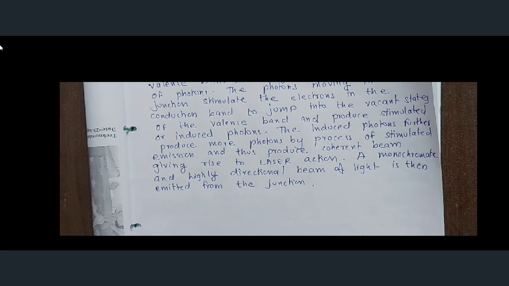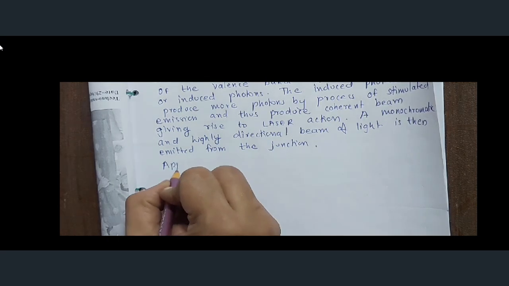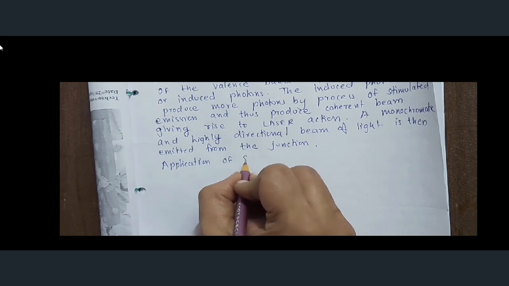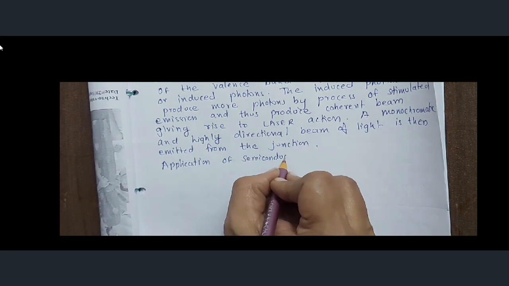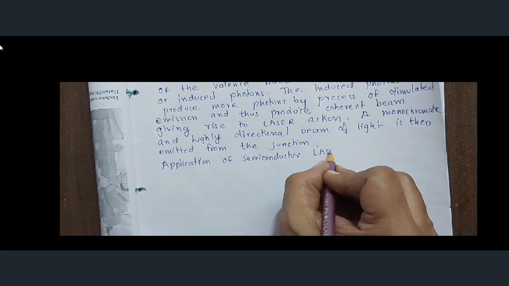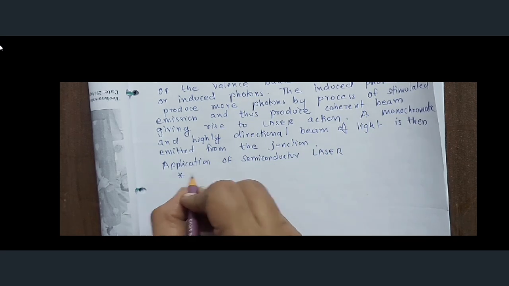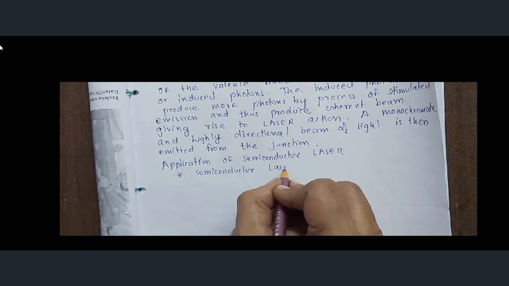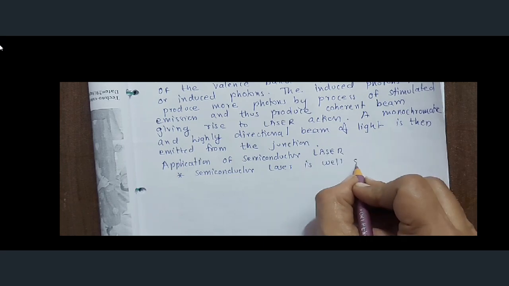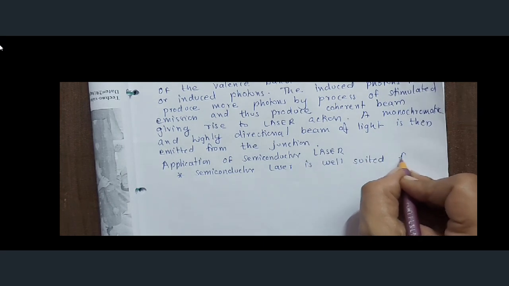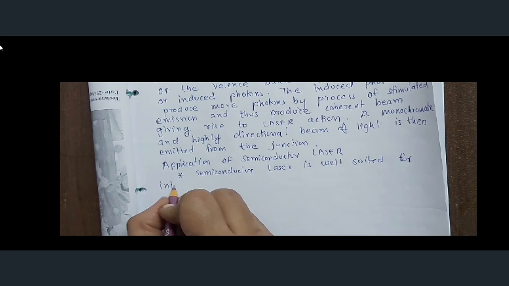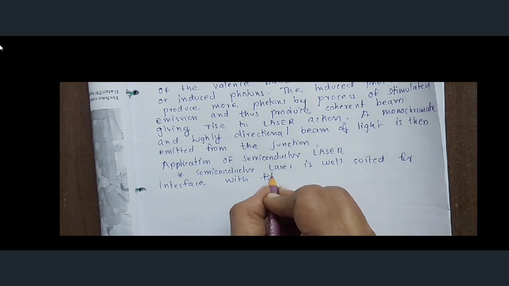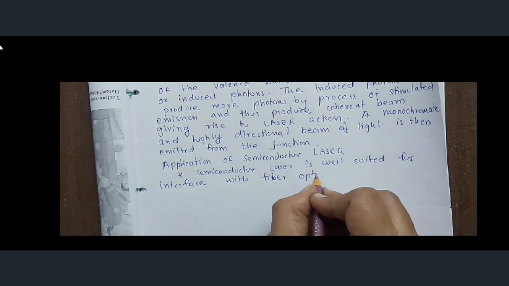Now we will quickly see what the applications of semiconductor laser are. Semiconductor laser is well suited for interface with fiber optics communication, this thing you all know.